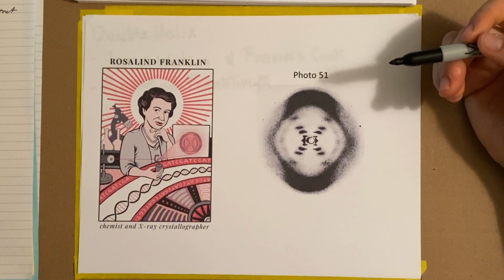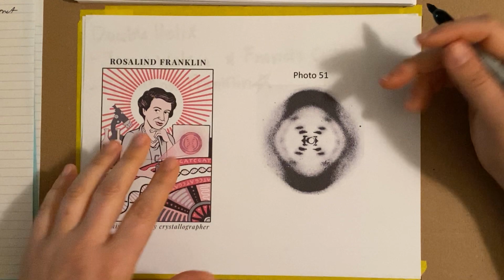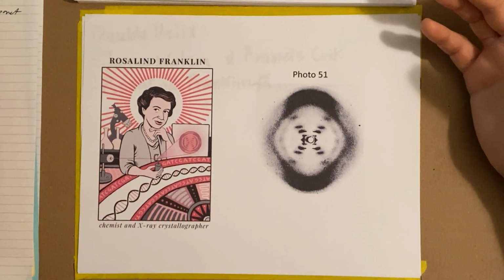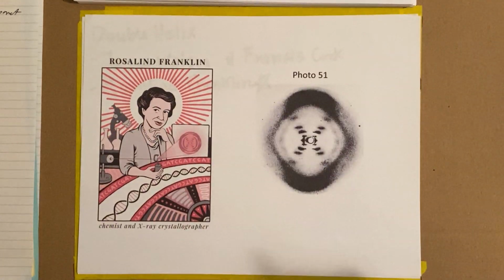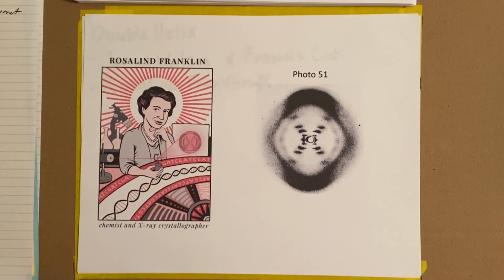So when Francis and James went to visit this scientist, they saw Rosalind Franklin's photo, and they actually stole it. And that photo was the last little thing that they needed in order to develop the idea of the double helix. And so they basically stole some of her data that she worked on, and ultimately they got the Nobel Prize in Science and Rosalind Franklin did not.